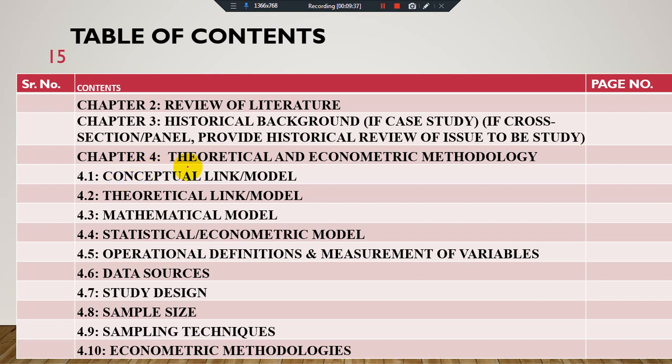Chapter 4 is related to theoretical and econometric methodology, and chapter 4 comprises the conceptual link or conceptual model, theoretical link or theoretical model, mathematical model, statistical or econometric model, operational definitions and measurement of variables, data sources, data design, sample size, sampling technique, and econometric methodologies.